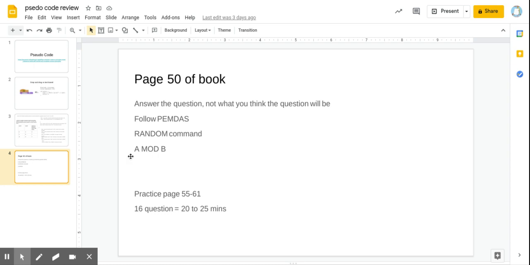When I see something like A mod B, I do the question on the side of my paper, and yes, you're going to be doing some long division on the side of your paper. It's not a big deal. You're going to put B on the outside, and you're going to put A underneath the division sign. So B is on the outside, that's your divisor, and A is underneath the house, and it's the item getting split up.